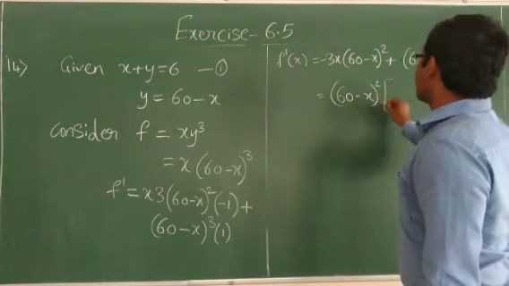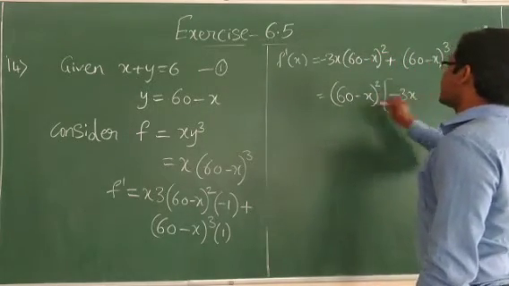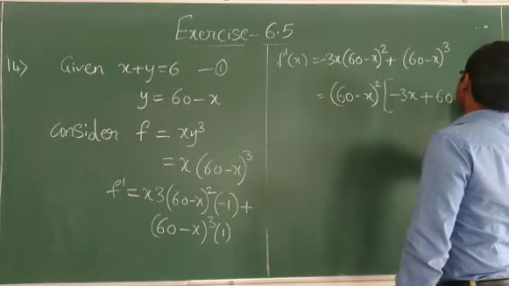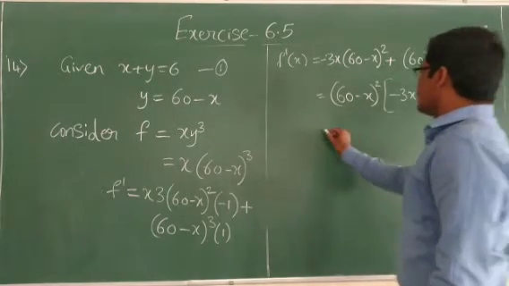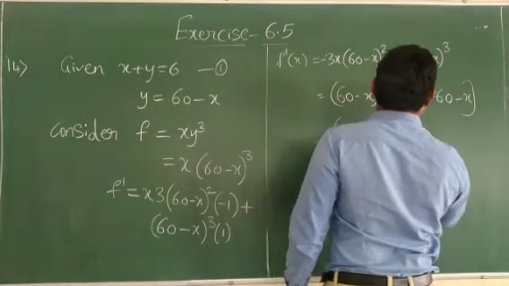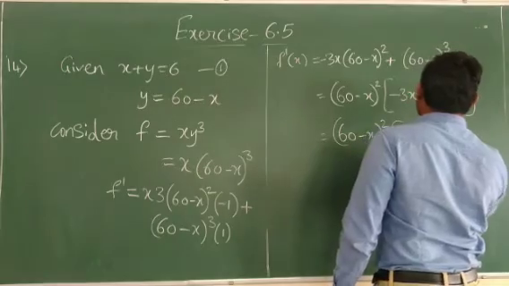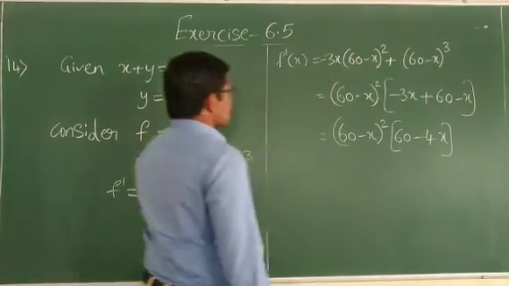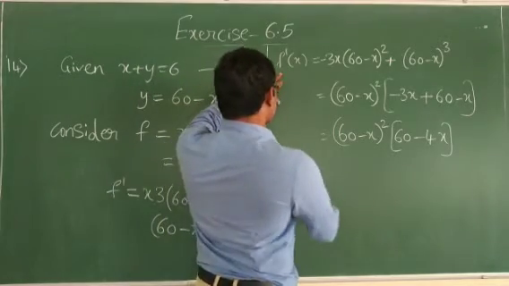If we take 60 minus x whole square common, we get minus 3x plus 60 minus x. So this will be equal to 60 minus x whole square into 60 minus 4x. So this is the derivative.